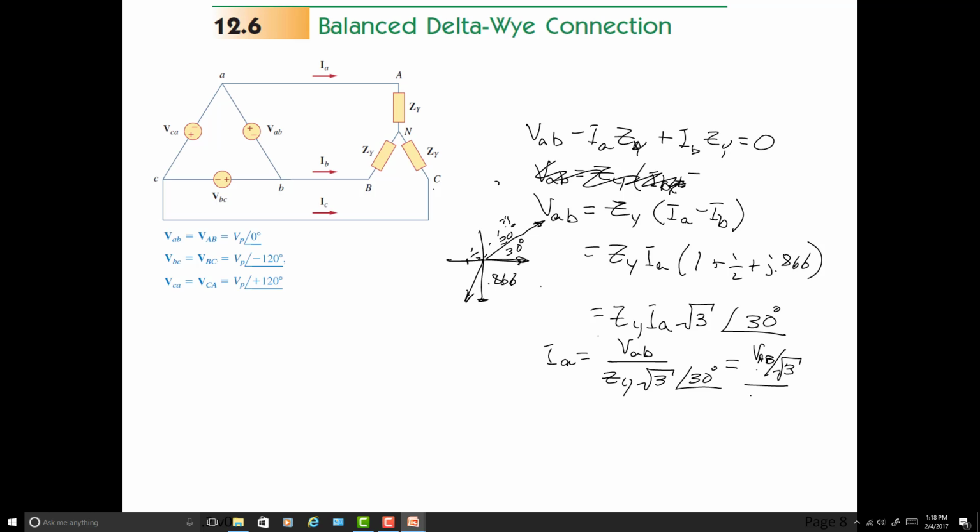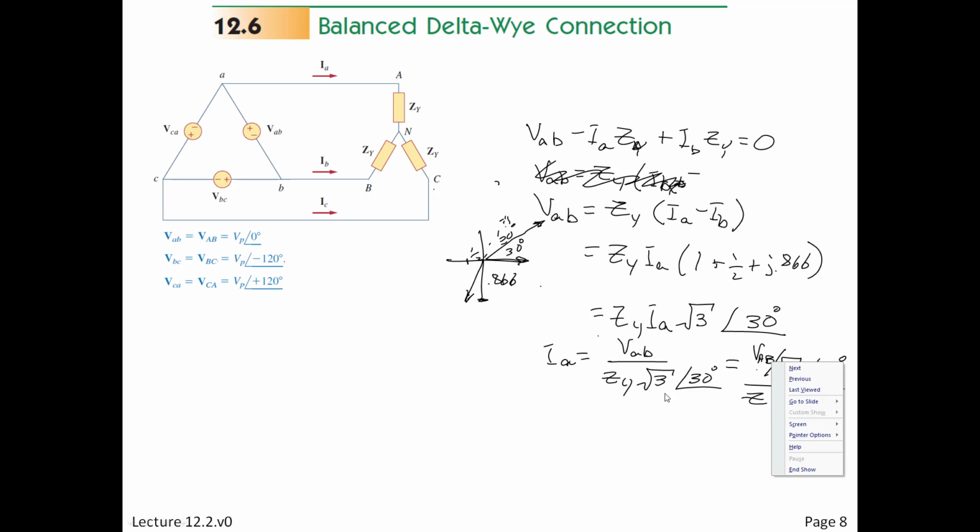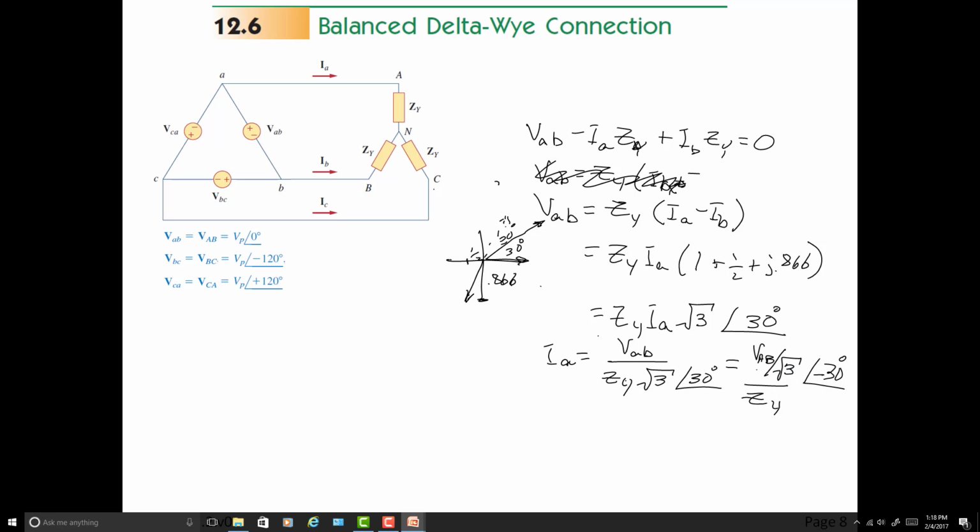We got that guy sort of locked in everywhere. Divided by the impedance, all at an angle now of minus 30 degrees. Okay, so that's our basic line current, not line voltage. So we have, over here, the phase voltages, and the phase and the line voltages are equal.